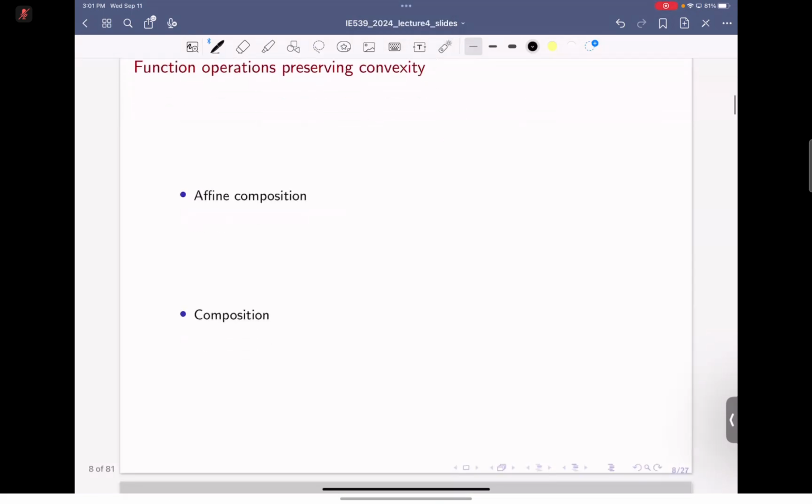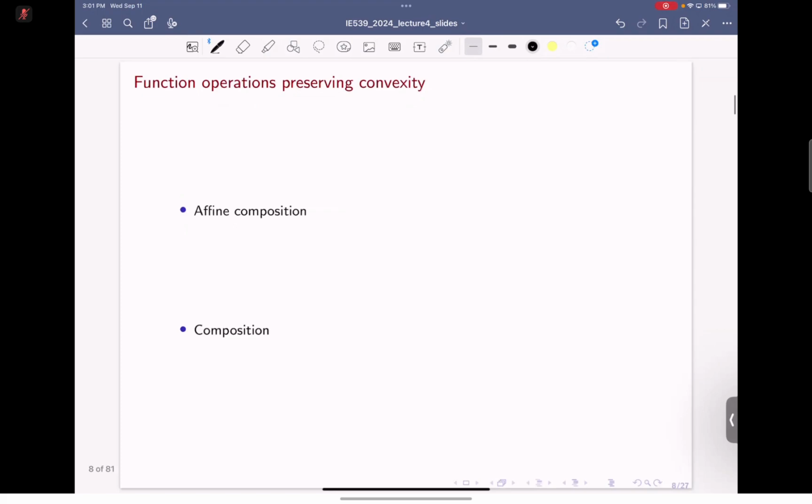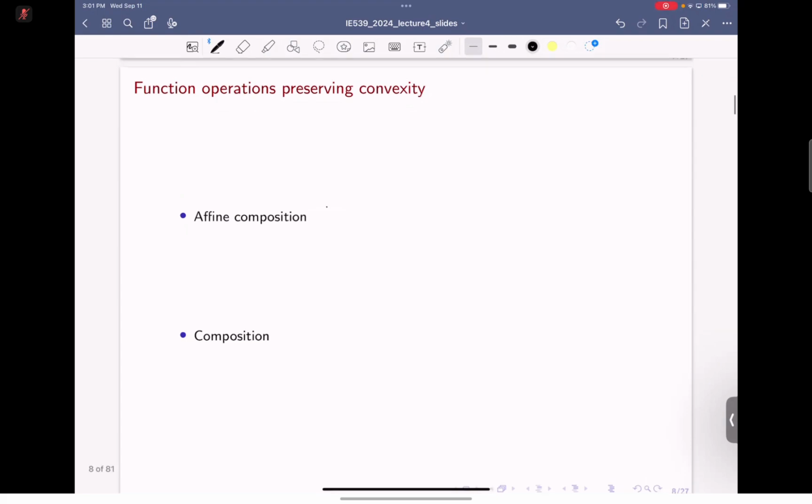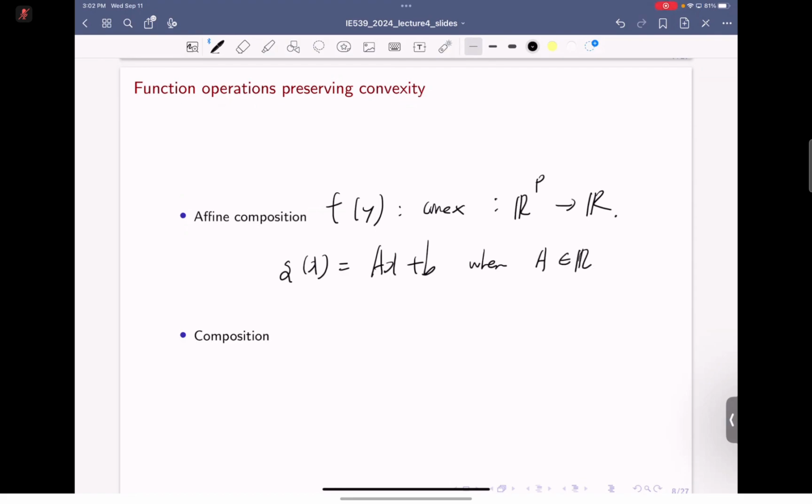And affine composition. Again, let's say f(y) is convex, a function from R^p to R. Now g(x) is Ax plus b, where A is a p by d matrix, and b is a p-dimensional vector.